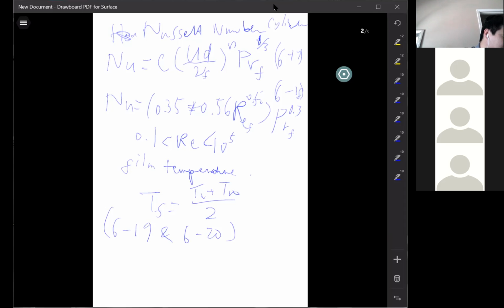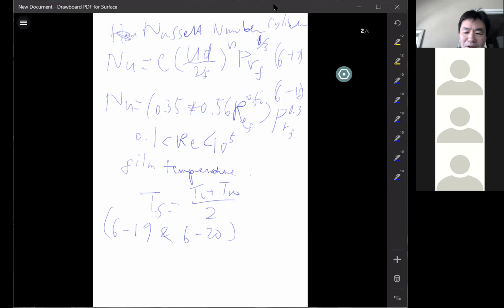Notice there's another Prandtl number in these two equations, just Prandtl number without the F. That's the Prandtl number evaluated at the flow temperature. So you need to be really careful in applying these equations. That's a good question.